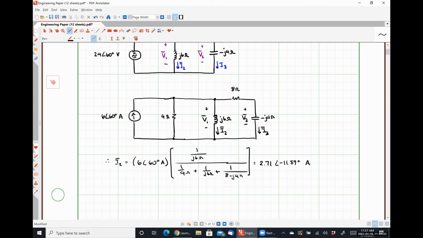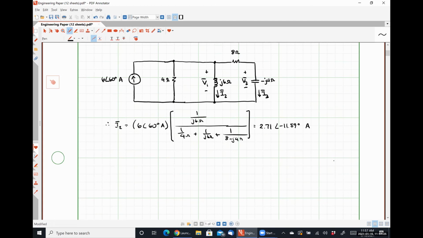But some of you may have seen something where it doesn't have the reciprocals of things. That methodology only is applicable for 2 branches in parallel. So we have more than 2, so we couldn't use it even if we wanted to.